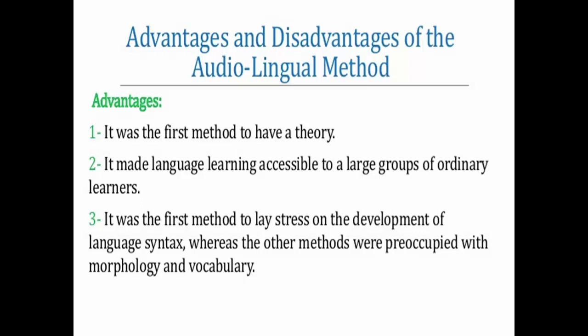Number two, it made language learning accessible to large groups of ordinary learners. So if you have a large group, then choosing the audio-lingual method is the best thing that you can do because it works well with large classes and you will have a great result in the end.